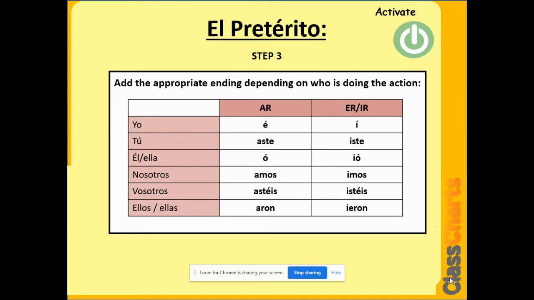For the tú form of the verb it will be aste, and for the he or she, él or ella, it will be ó. For nosotros, the we form of the verb, it will be amos. For vosotros it will be asteis, and for the they, so ellos or ellas, it will be aron.